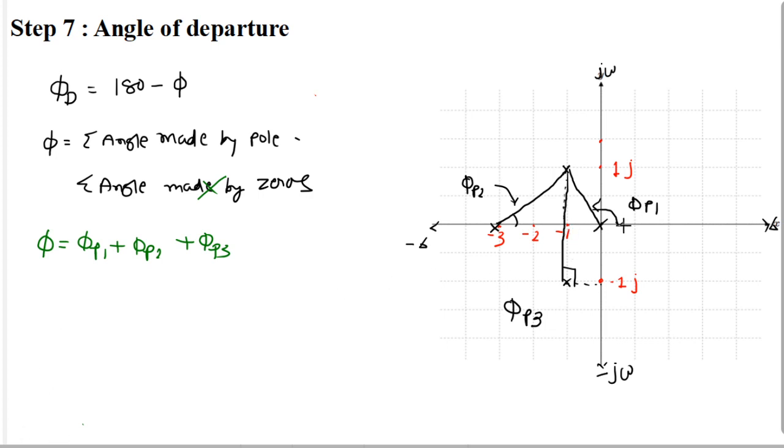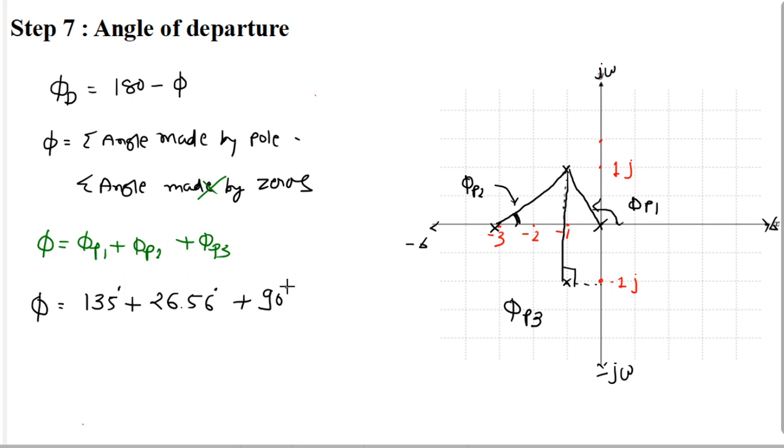If you measure them, phi p1 is 135 degrees, plus phi p2 is 26.56 degrees, and phi p3 is 90 degrees.